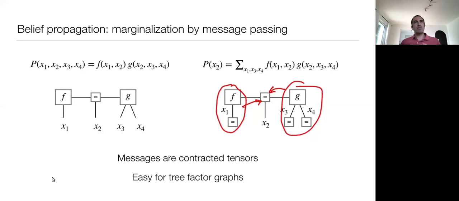The contraction is going to be straightforward, or easy, on a tree. That's sort of clear, right? Just work your way along from the leaves to the root. If you want to do more complicated graphs, there's nothing wrong, you just contract, but then the messages will start getting very big because the bond dimension is big, to use the tensor network language.